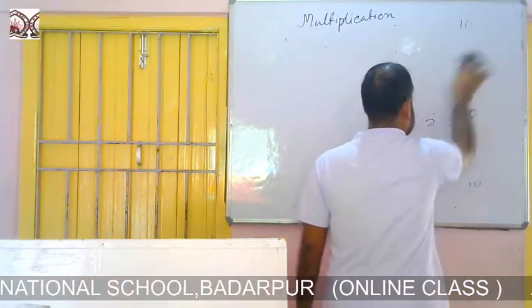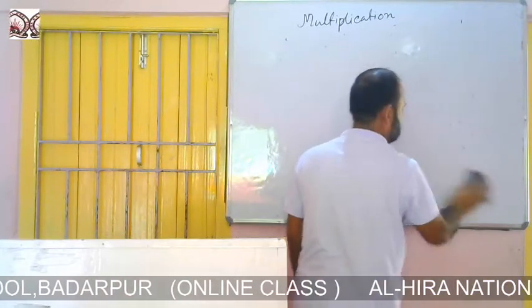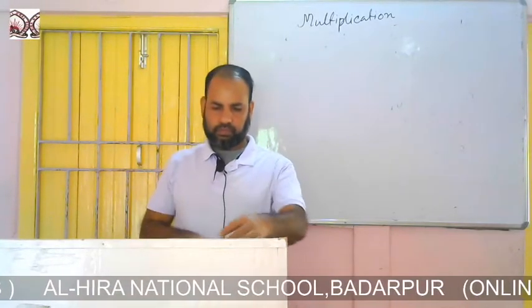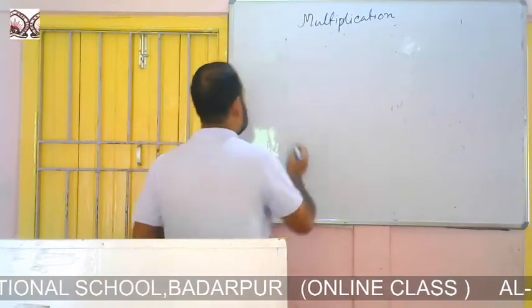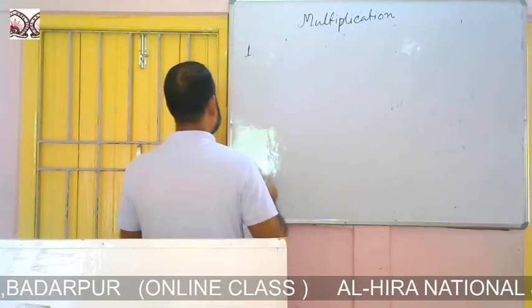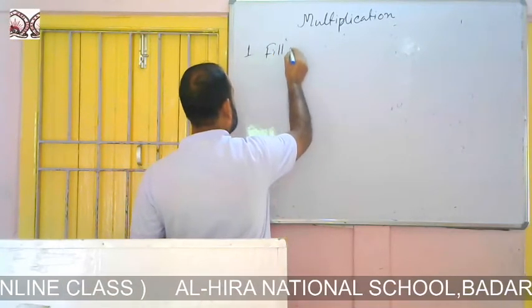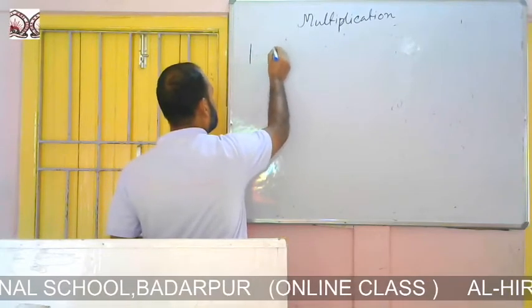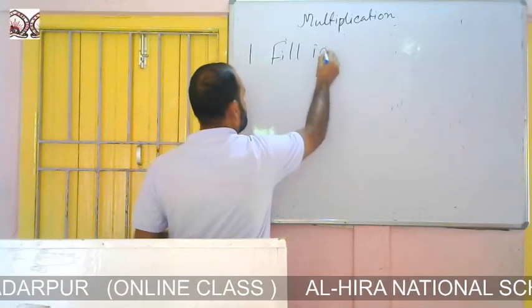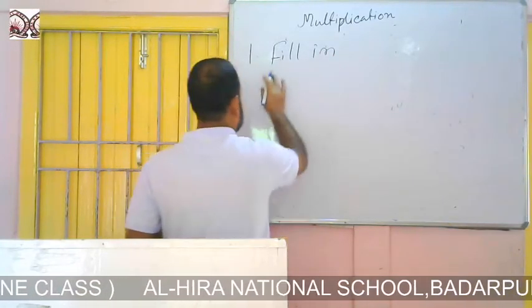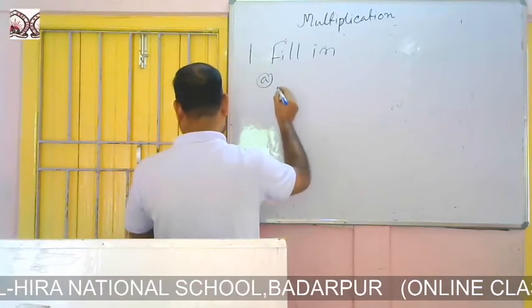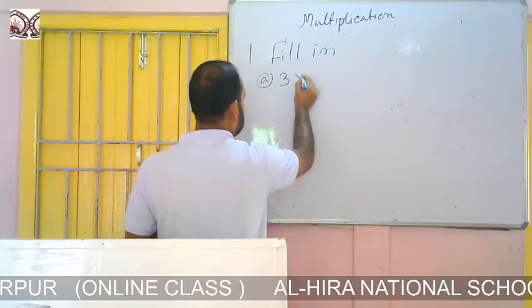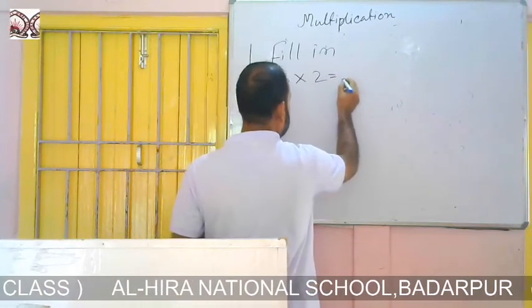Next, question number 1, fill in. A, 3 into 2 equal to dash.